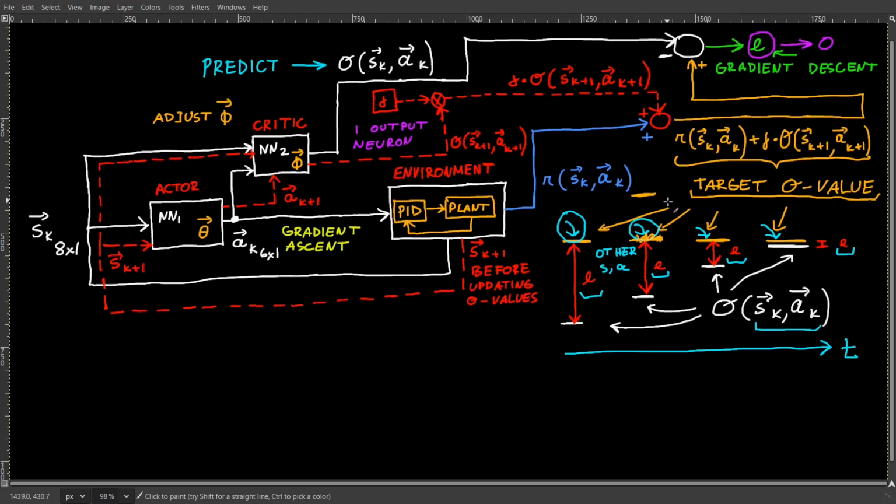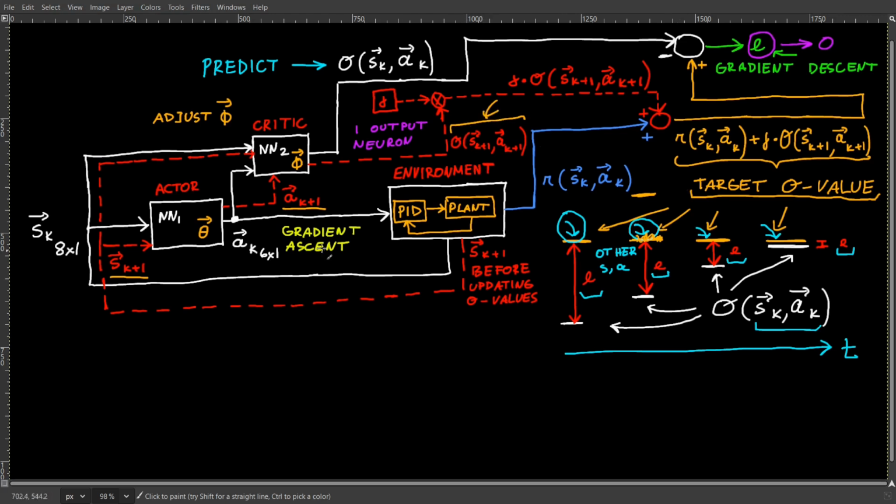It will be something else, because the weights in the critic are different, which means that when you pass the same state action pair through the network again, you will obviously get something else for this.